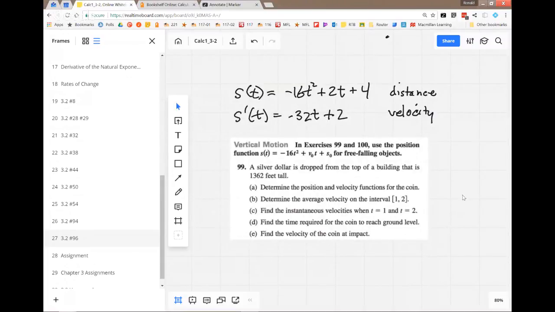So here's our problem we'd like to work on. And it'll apply to what we're doing here. You see, here's that S of t thing. See that? S of t equals negative 16.